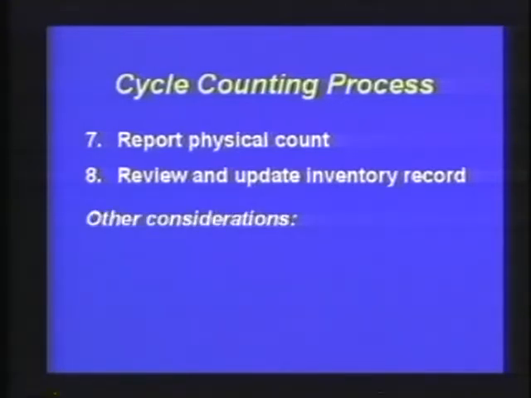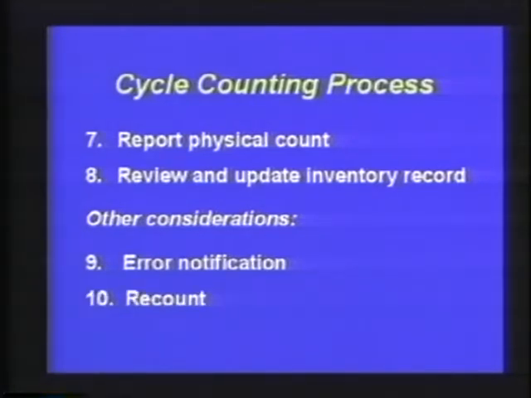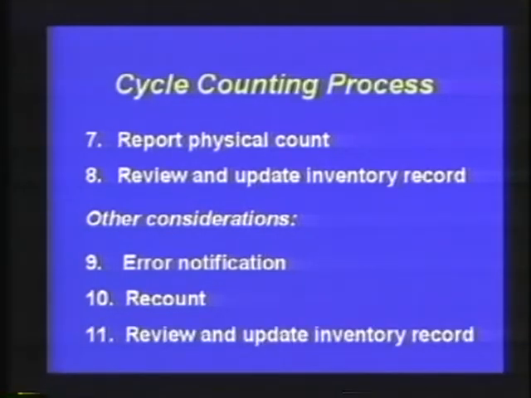If there are errors outside of those that are allowable that we have indicated, then we want to reject the count and recount, and maybe the second time around we may have found we made an error in cycle counting, or the original cycle count is accurate and therefore there would have to be an adjustment on the inventory record.